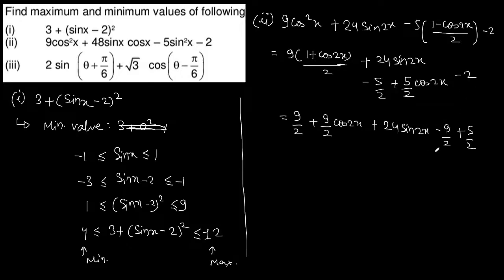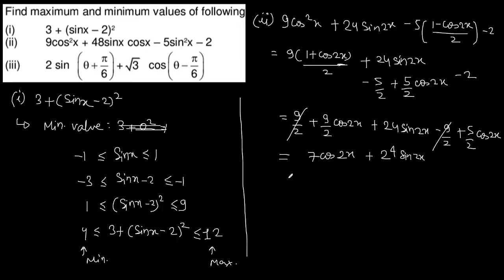Okay, 5 by 2 cos 2x minus 9 by 2 and plus 9 by 2 cancel. 9 plus 5, 14, so 7 cos 2x plus 24 sin 2x.